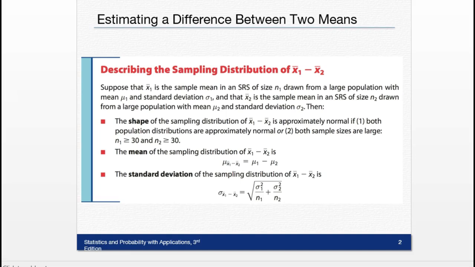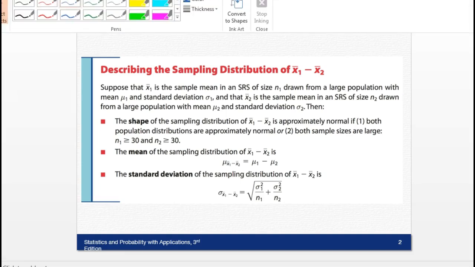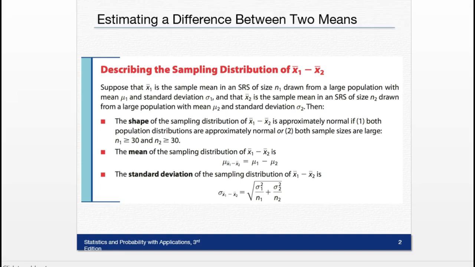Then, here's how you know the shape of the sampling distribution of the difference of the two means, x bar 1 minus x bar 2, is approximately normal if, notice, you have one, both population distributions are approximately normal. That means it was given to us in the problem. Number two, both sample sizes are large: n1 is greater than 30 and n2 is greater than 30.